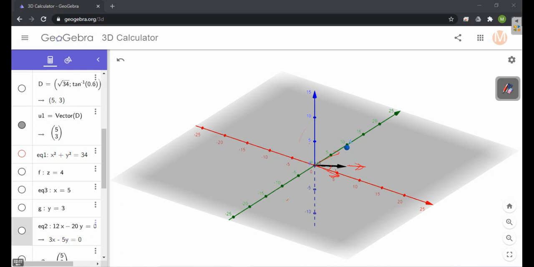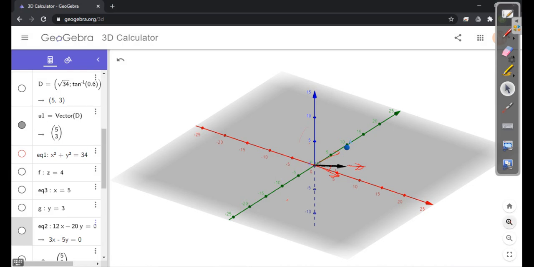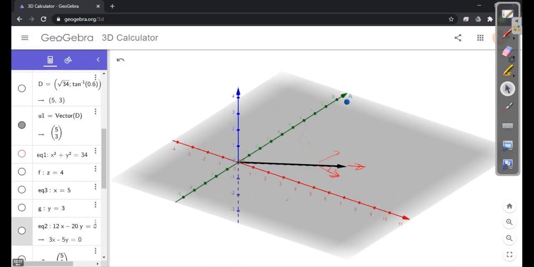So if I zoom this one, okay, so where is x? X is this direction. So Ax cap will be this one, a unit vector of length 1, and ρ cap will be here, and this is Ay cap, and this is Az cap, upward is Az cap.